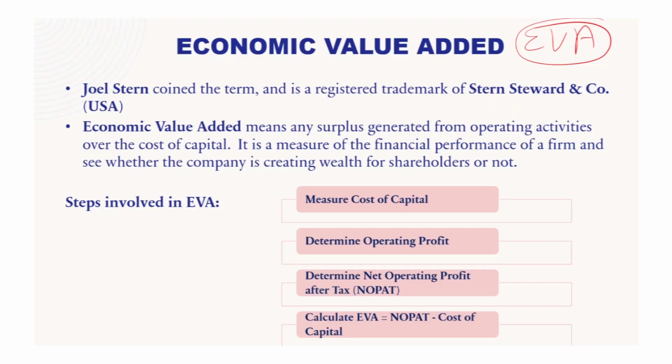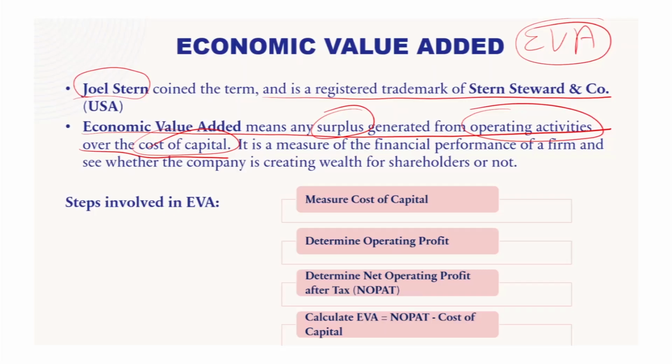Economic value added was coined by Joel Stern, okay, and it is a registered trademark of a consulting company, Stern Stewart and Company, which is based in the USA. All right. Economic value added means any surplus generated from the operating activities over the cost of capital. Now, try to catch the keywords and understand the concept. EVA means the surplus generated from the operating activities over the cost of capital.